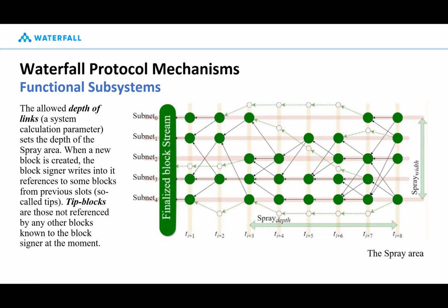We are estimating to have about thousands or tens of thousands, and in our paper we actually built an estimation of hundreds of thousands of validators, which will allow Waterfall to preserve all three parameters of the known trilemma of scalability, security, and decentralization.